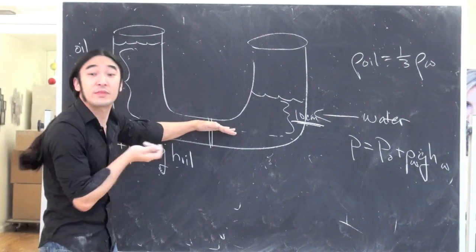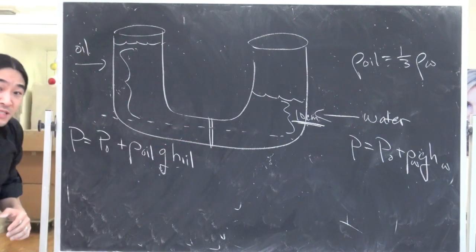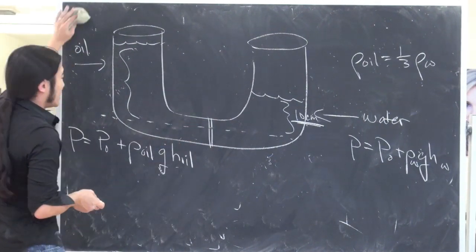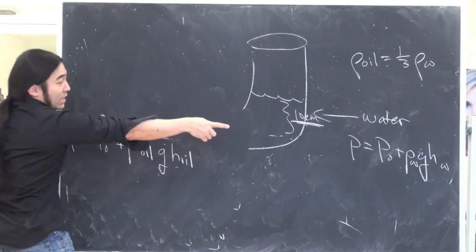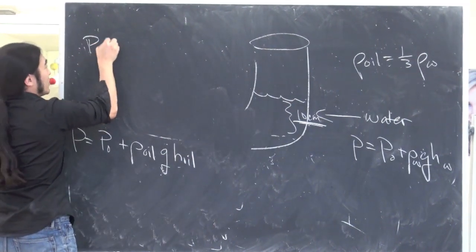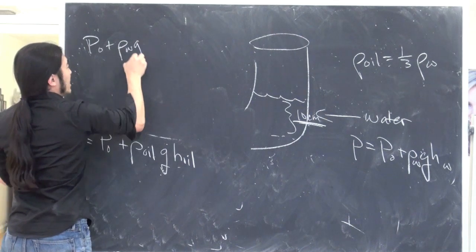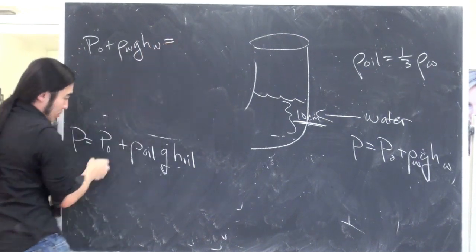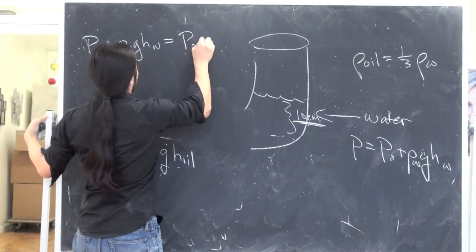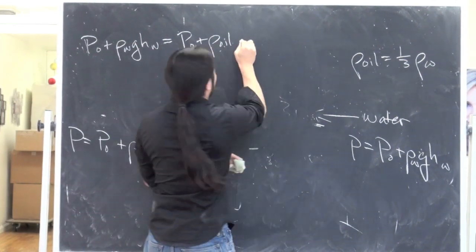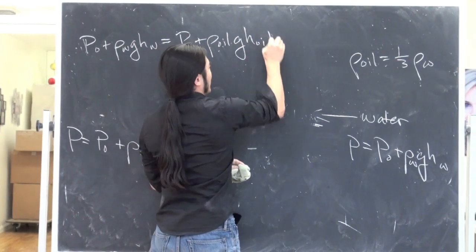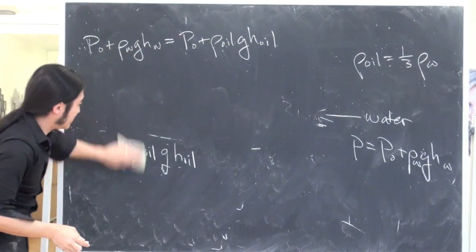And at this point, they must be equal. So let's go ahead and set them to be equal. Sorry, I'm going to have to erase part of the picture. Okay, so now we have that guy over there. So atmospheric plus rho water, g, height of water is equal to atmospheric plus rho oil, g, height of oil. Okay, so no big deal.